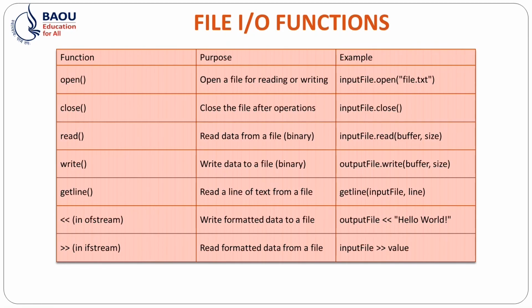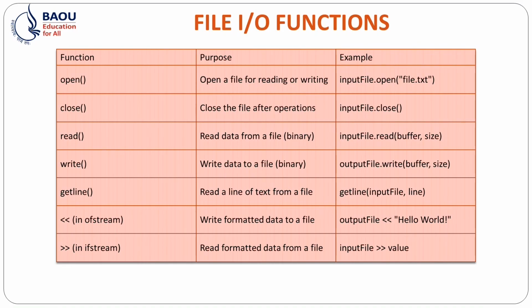The only purpose of these file input output functions in this unit is to learn about the file input functions, as well as how to write data in a file. So outputFile.write, then buffer and size. These are the parameters of the write function. You will get to know how parameterized functions differ from normal functions in the next chapter.